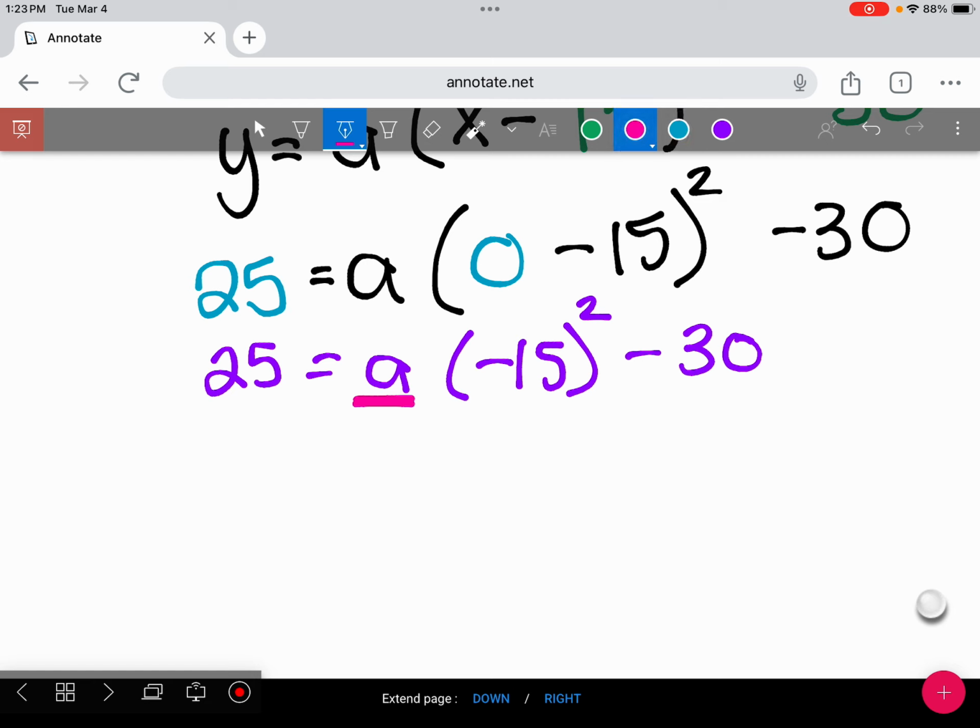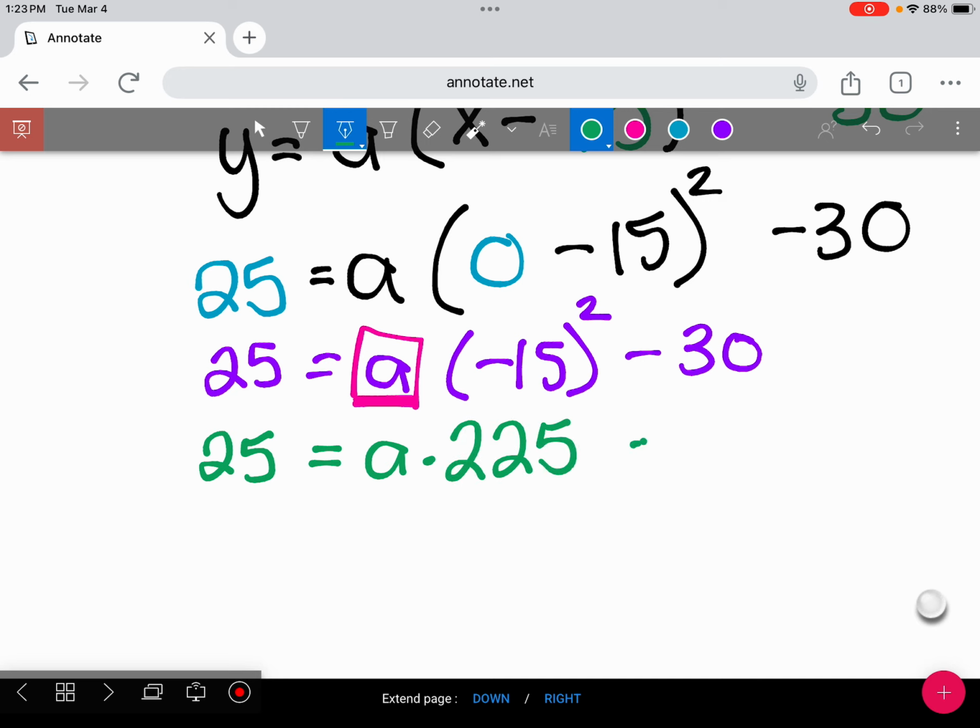I want to get my a by itself. I actually kind of want to leave the a where it is. Say it a little louder, Cameron. I can't hear you. Yeah, we can do our exponent. So we can do our 25 equals a times 15 squared, which is 225, minus 30.